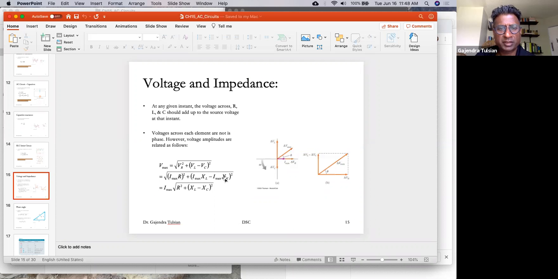This voltage is Imax times XC. I is common, you can pull it out. Okay, and so the voltage amplitude is Imax times Z. Z is the generalization of the impedance. So voltage is Imax times Z, and Z is the square root of R squared plus (XL minus XC) squared.